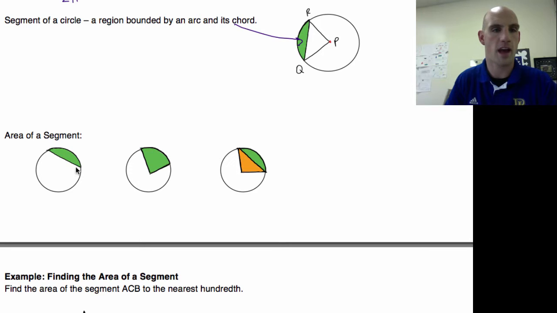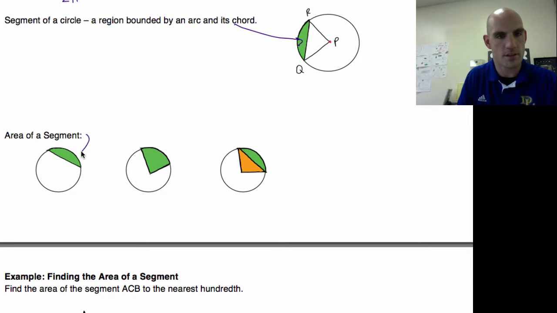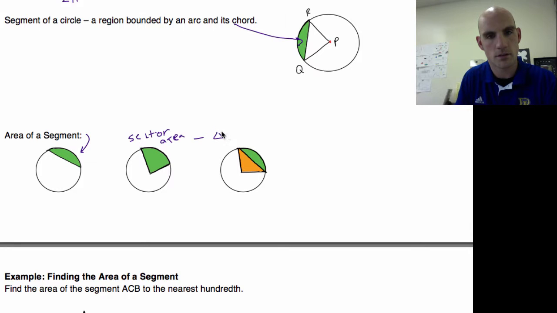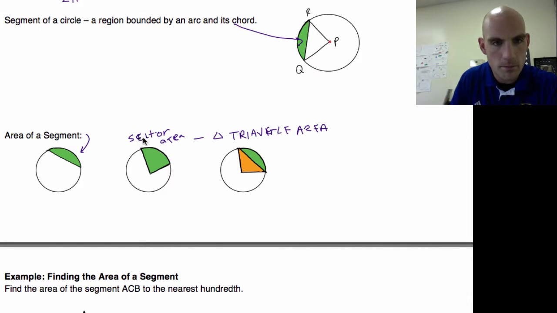The area of a segment is going to be the sector area minus the triangle area.